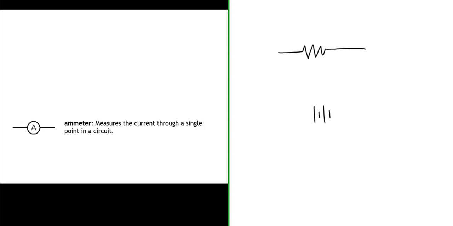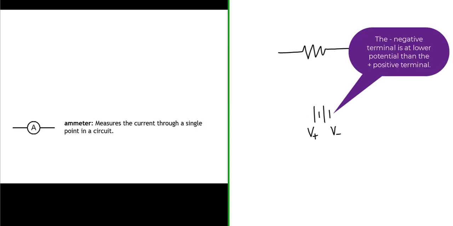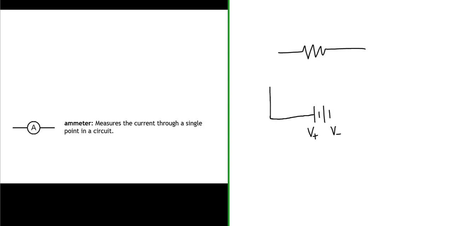Here again, the long line represents the positive terminal of the battery. The short line represents the negative terminal of the battery. And let's say our circuit looks something like this. So our circuit isn't wired up yet.